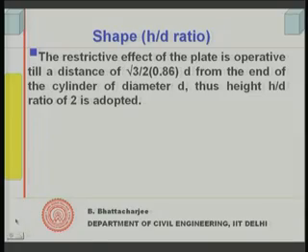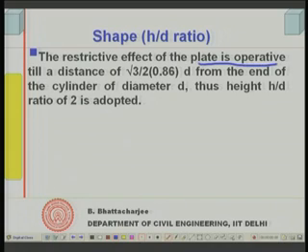So, let us see now: the restrictive effect of the plate is operative till a distance of 0.86 d from the end of the cylinder, in case of a cylinder of diameter d. The same thing will go if it is a prism of square cross section; we can have a similar sort of conclusion.